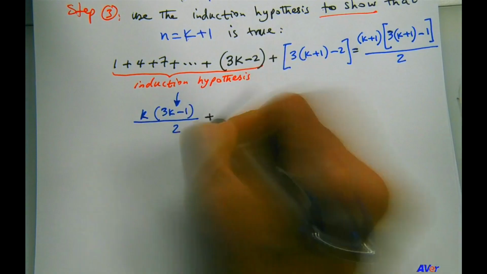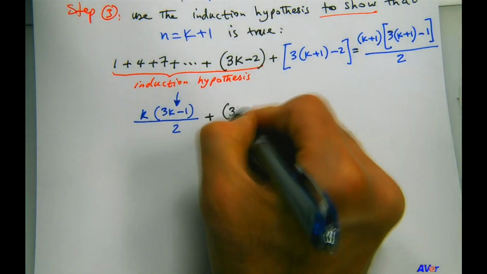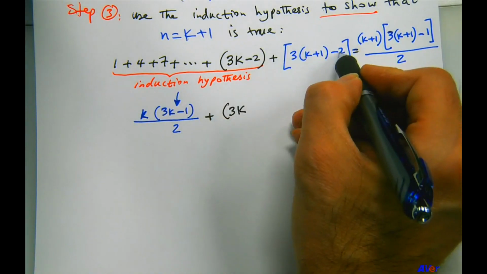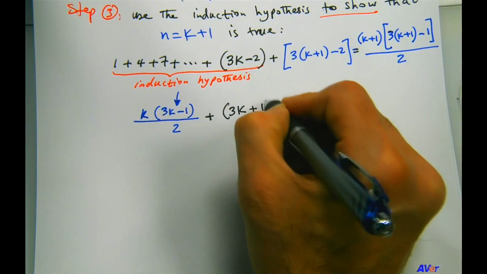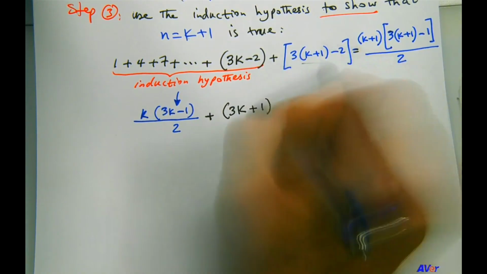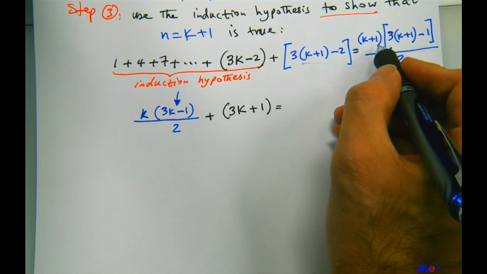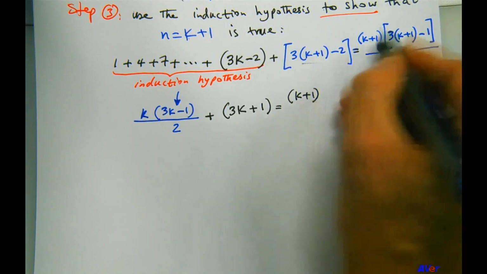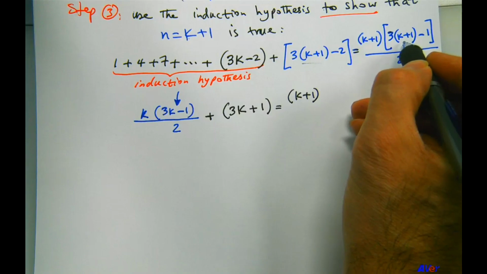So we have plus 3k, then 3 times 1 is 3, minus 2 is 1. 3 minus 2 is 1, right? So positive 1. So 3k plus 1. That's after we simplify this, we get this. On the right, let's also simplify that. What do we get? We get k plus 1, which is that, times, let's simplify inside the brackets.